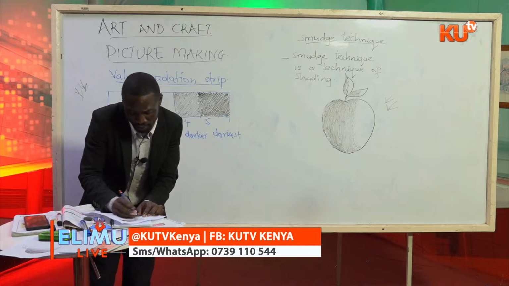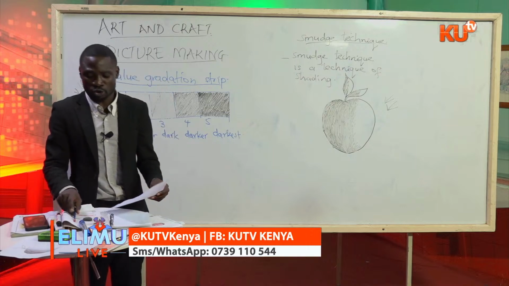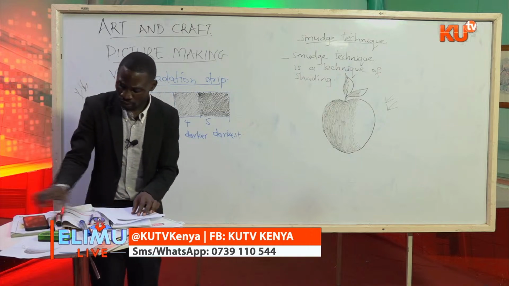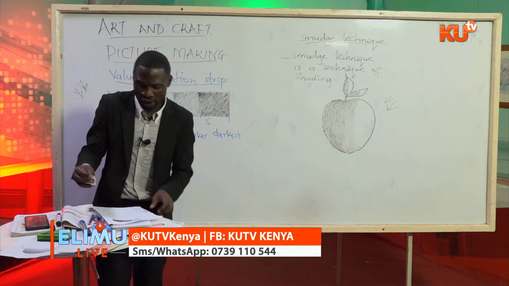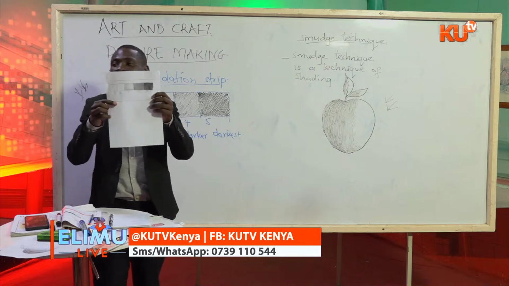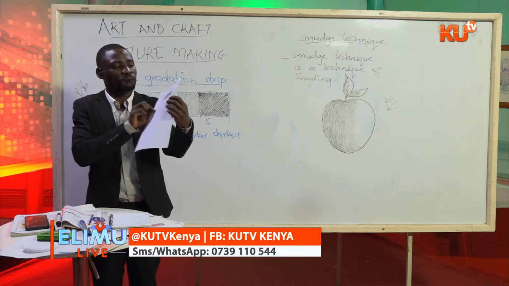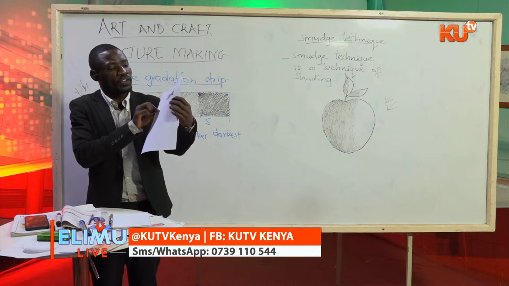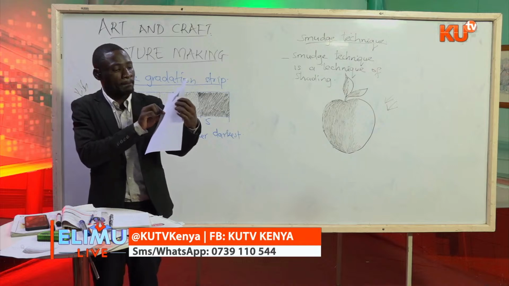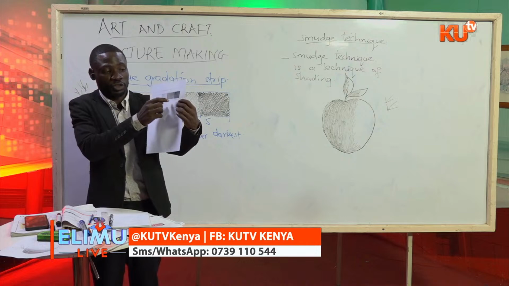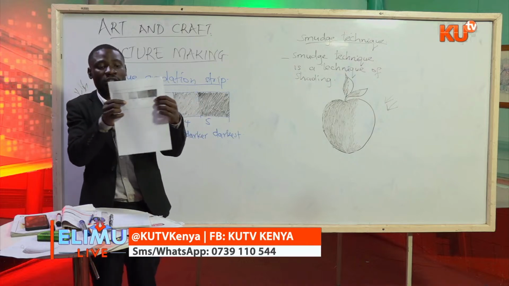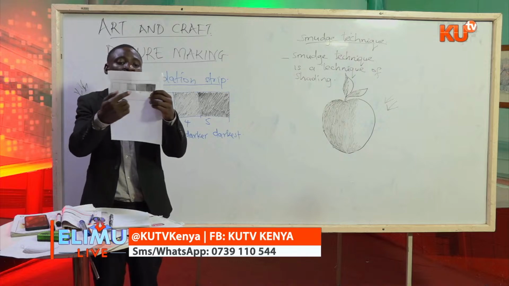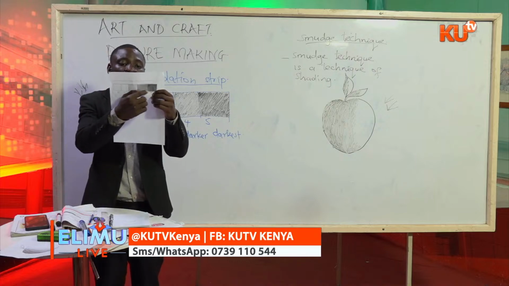Okay. Thank you. Now I want us to observe this one. The third one is lighter compared to the fourth one, and it is the lightest if you compare with these other ones, the two boxes.